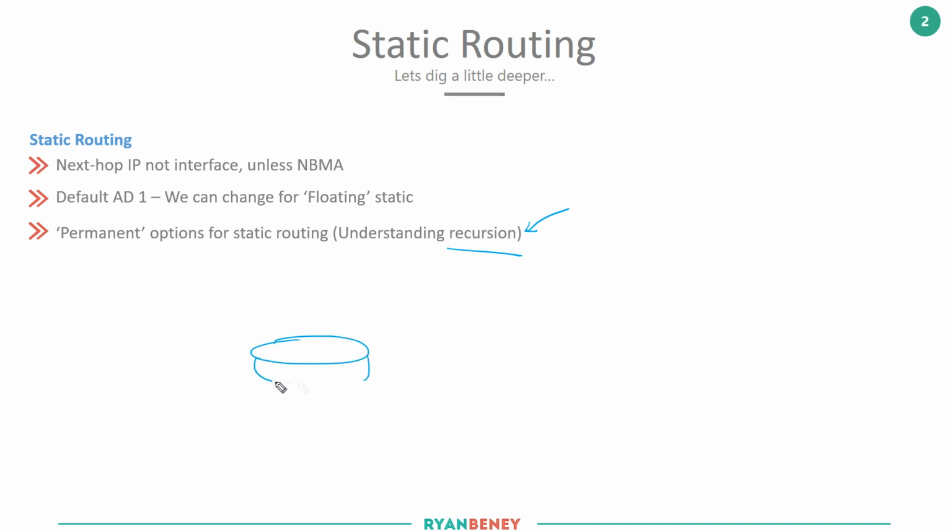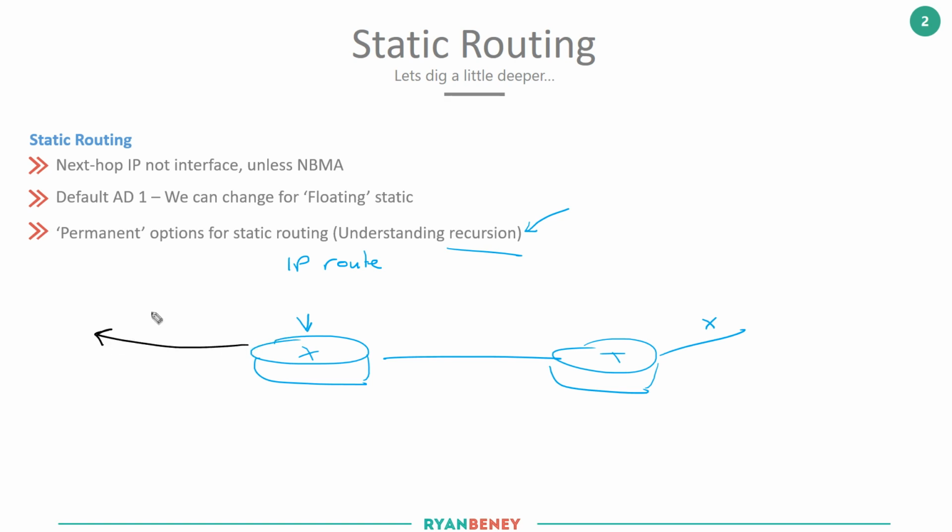If we have 2 routers that are directly connected, and let's say in this router we have an IP route statement for a network that is reachable over here, and let's also say that that IP route statement is then being advertised into RIP off into a bunch of other routers out in the network. Well, in order for this static route to be valid, the next hop, which is here, needs to be available inside the routing table.